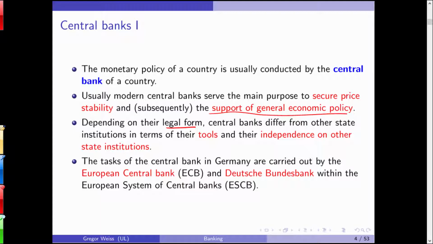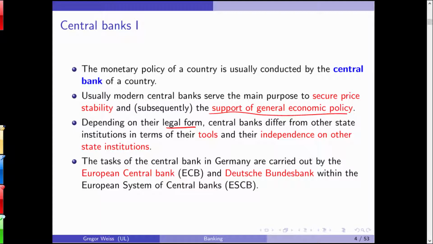Usually the government or the state will hold the majority or all shares in the central bank, but a central bank doesn't always need to be organized in a special legal form. For example, in Germany, this is different. Deutsche Bundesbank is not a stock company, but it's in a special legal form only available to government-run and government-owned companies. In other states, for example Switzerland, the central bank is a stock company and has stocks.